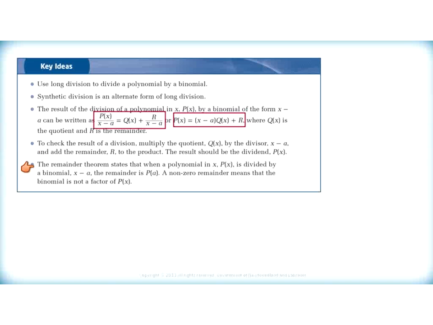The remainder theorem states that when a polynomial in x, p of x, is divided by a binomial x minus a, the remainder is p of a. A non-zero remainder means that the binomial is not a factor of p of x. We will study more about the remainder equal to 0 when we study the factor theorem in the next section.